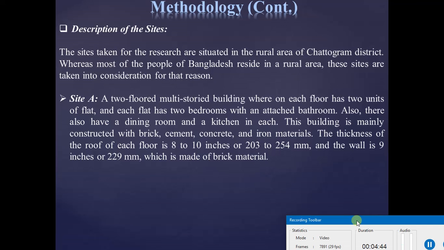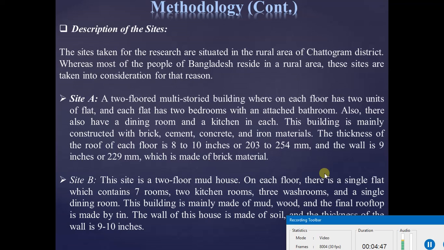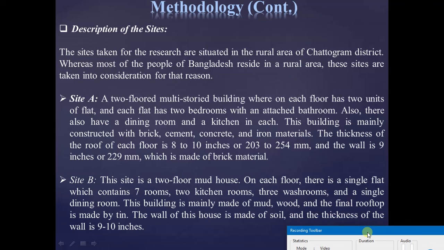Site B is a mud house made of mud components, and the rooftop is made of wood and tin sheet. The wall of this house is made of soil, and the thickness of the wall is between 9 to 10 inch.